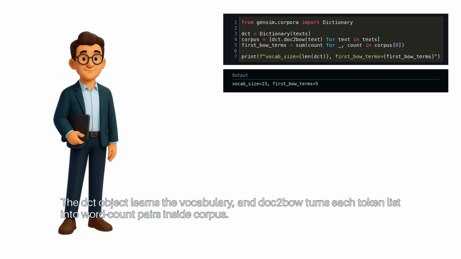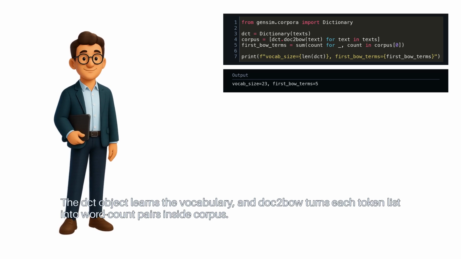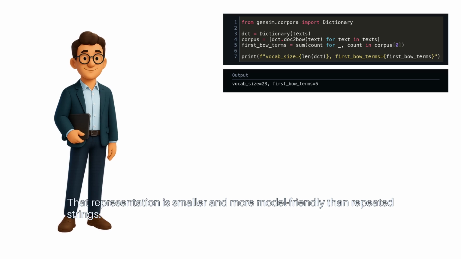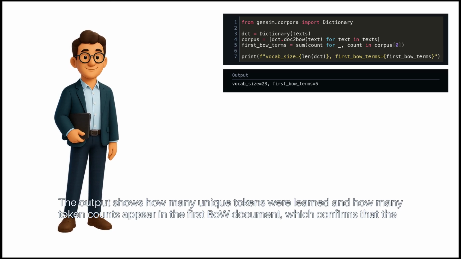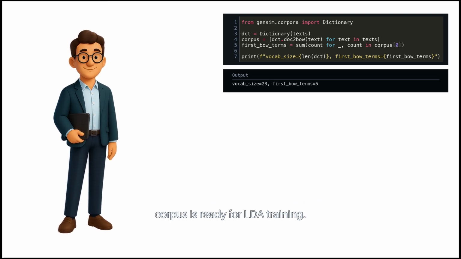The dictionary object learns the vocabulary, and doc2bow turns each token list into word count pairs inside the corpus. That representation is smaller and more model-friendly than repeated strings. The output shows how many unique tokens were learned and how many token counts appear in the first bag-of-words document, which confirms that the corpus is ready for LDA training.